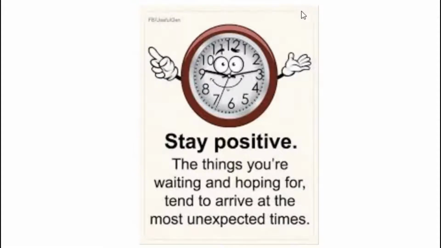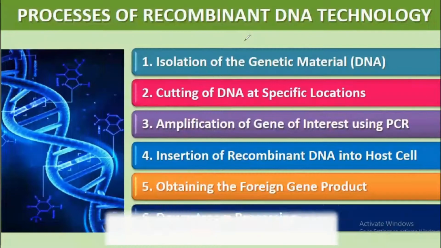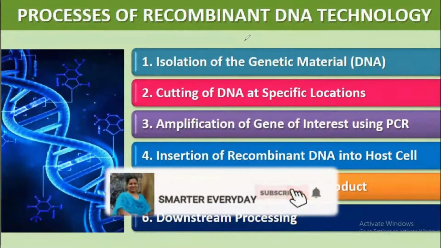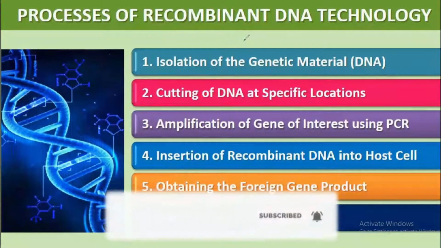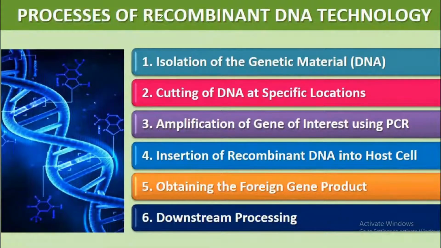Okay, students, we are going to study about the processes of recombinant DNA technology in this session. Processes of recombinant DNA technology. It includes isolation of the genetic material. Second one, cutting of DNA at a specific location.